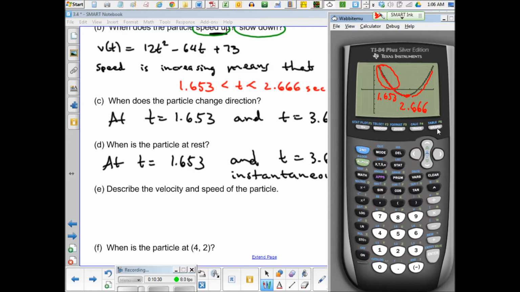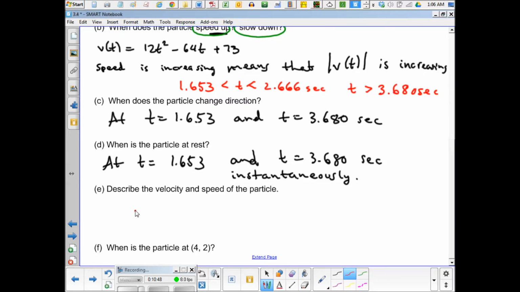It then became negative, which means it switched directions. And then it ended up bottoming out. So let's go and write this in before we have to say it and then remember everything we said. So let's go over here.